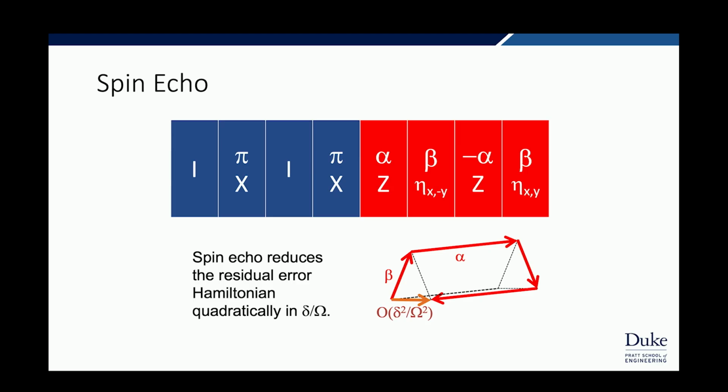And then you're only off by the fact that that Z interaction is on when you do your pi pulse. So I can just use this geometric picture to calculate how much closer I can get to identity. I go from being delta away from identity, which is what this alpha is, to delta squared away from the identity, under the assumption that delta is weaker than my x rotation.